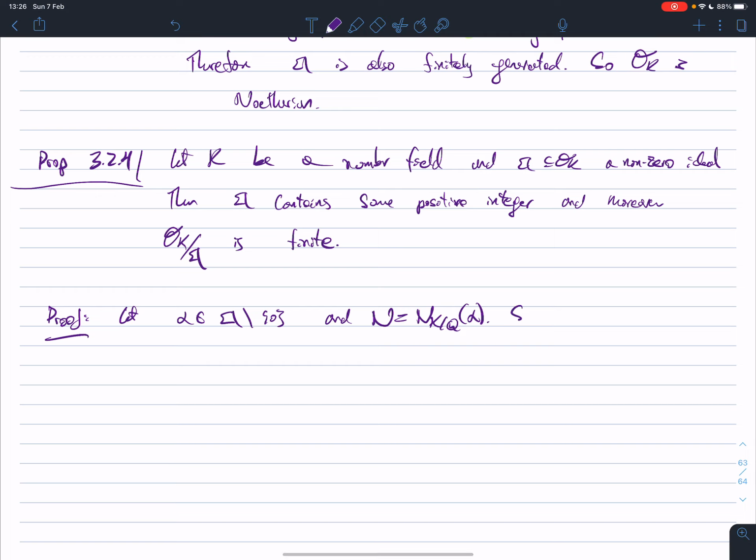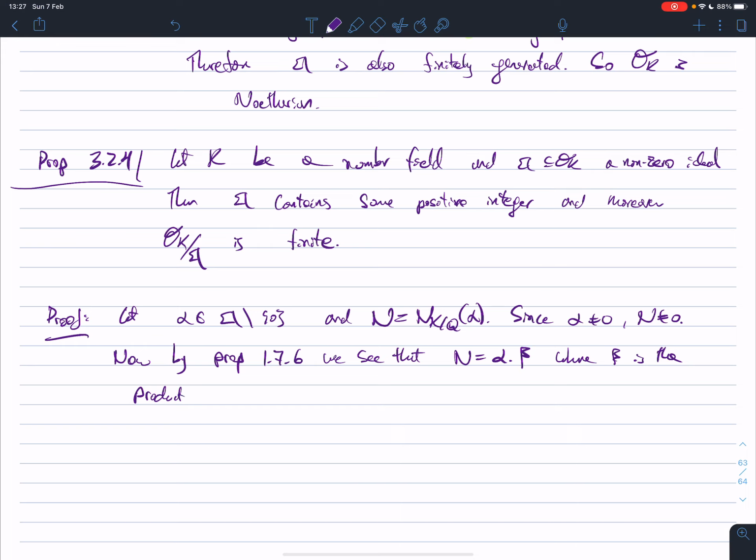Since alpha is different from 0, the norm is different from 0. Now, by one of the propositions that told us how to compute the norm, Proposition 1.7.6, we see that this norm can be written as alpha times some element beta, where beta is the product of all the conjugate roots.